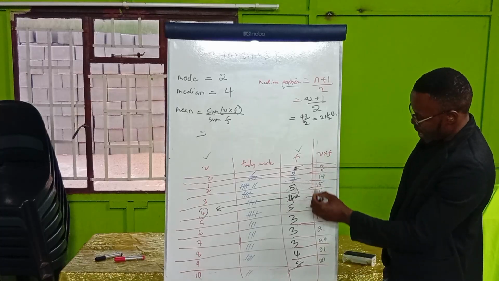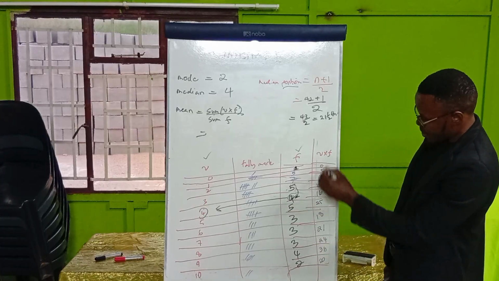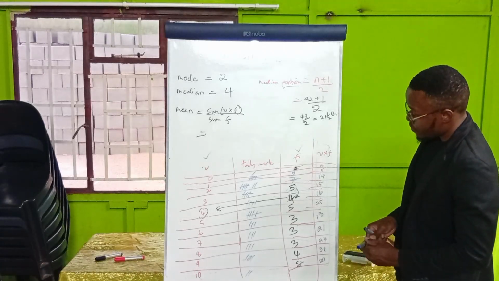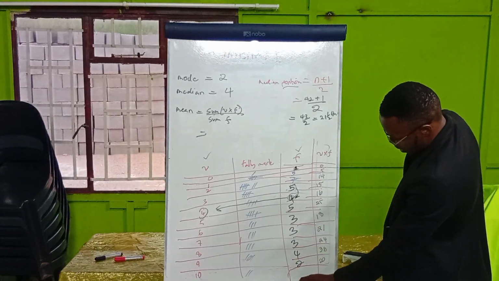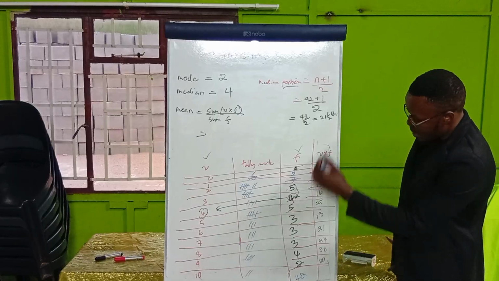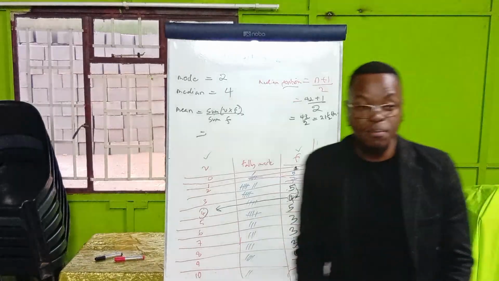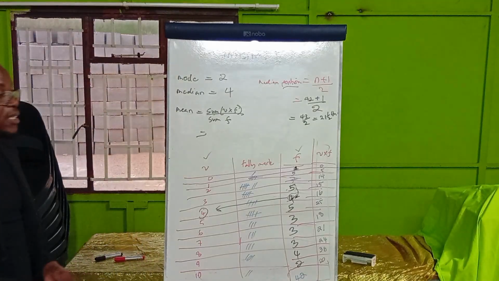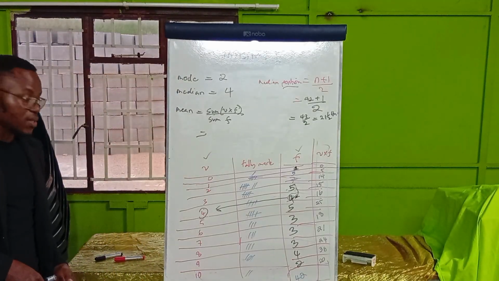Now, we will need to add all these numbers. Remember, our sum of the frequency, we noted that it was 42. So now we need the sum of the product of the variable by its corresponding frequency.